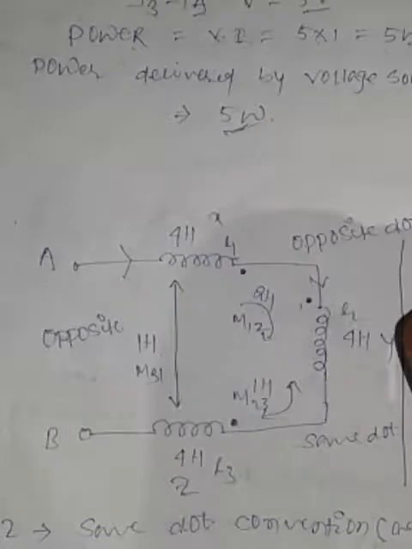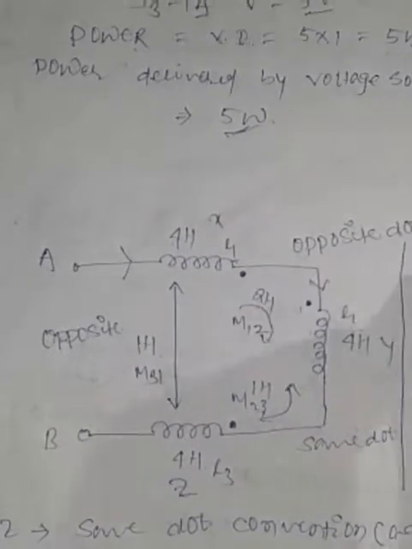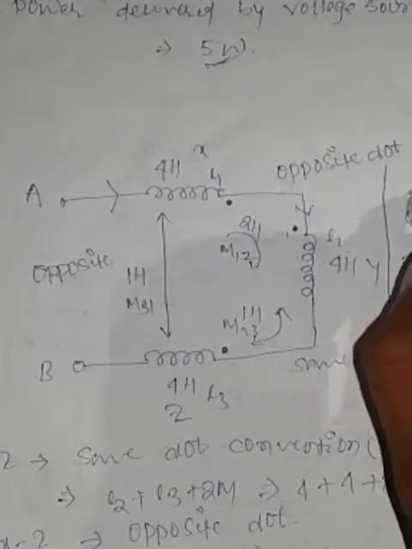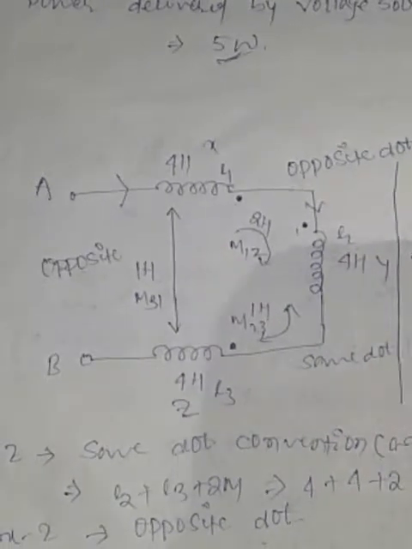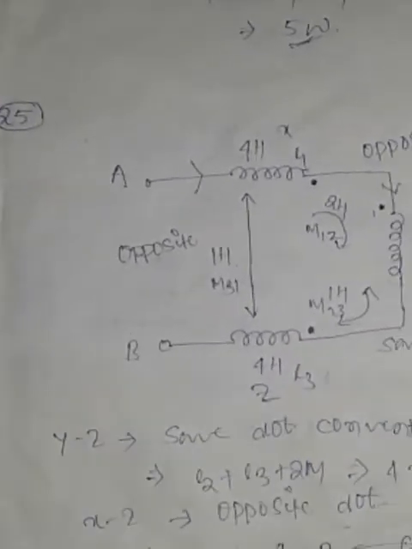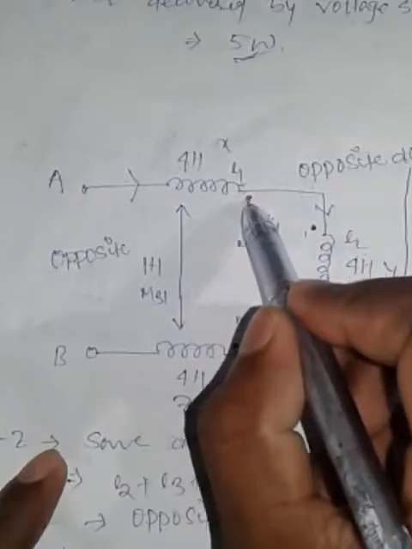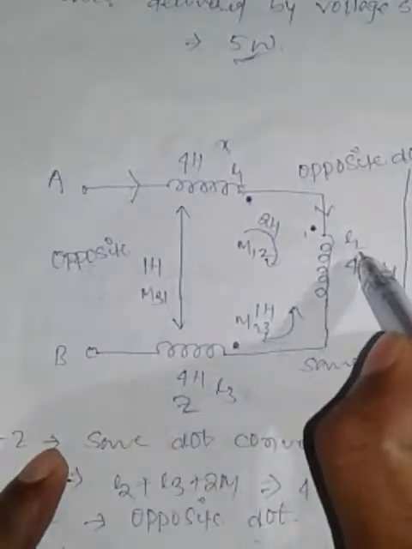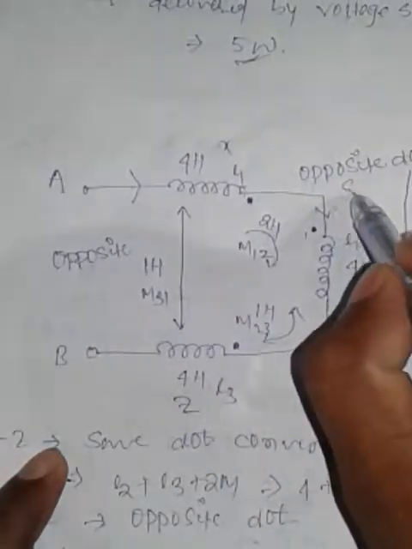For additive nature, both should be entering or both should be leaving. For this circuit, in inductor 1 the current is leaving, but in inductor 2 the current is entering, so both are opposite, so it is subtractive in nature.